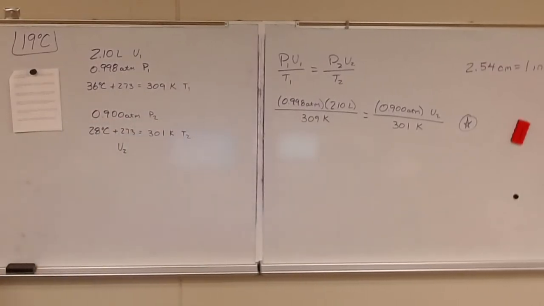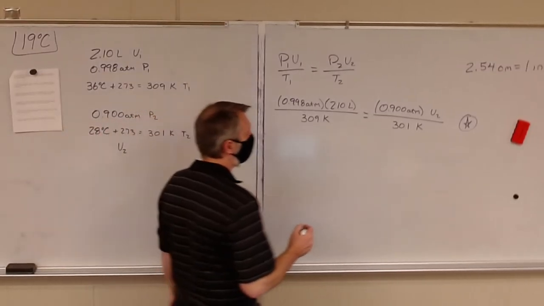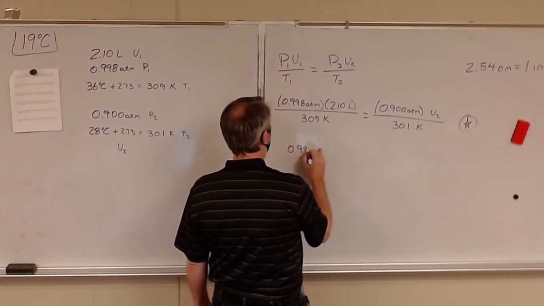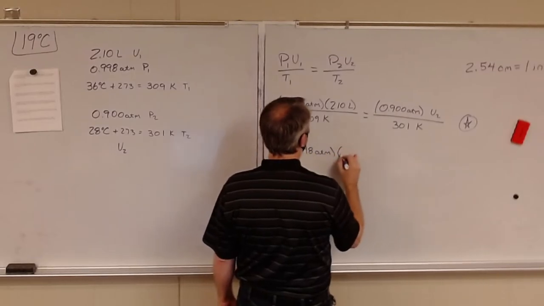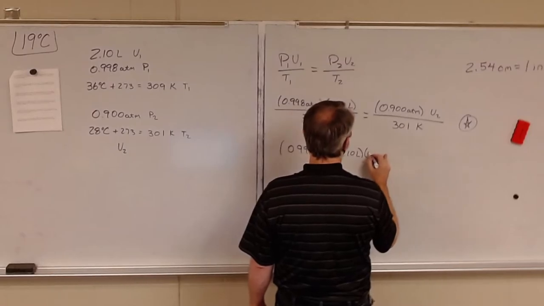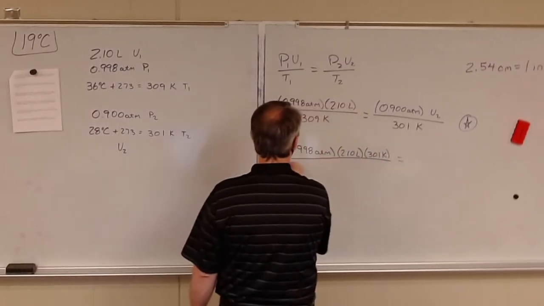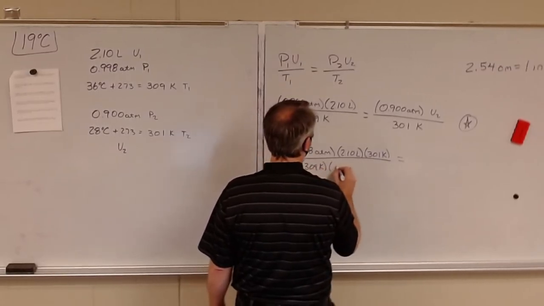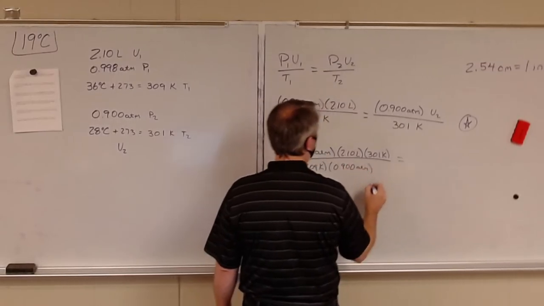Good. So I can rearrange this problem, right? So this is 0.998 atm, 2.10 liters, 309 Kelvin, 0.900 atm.